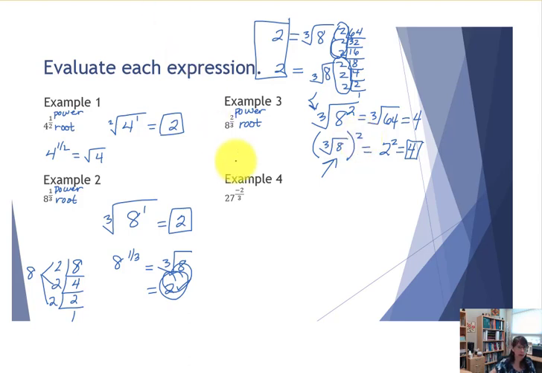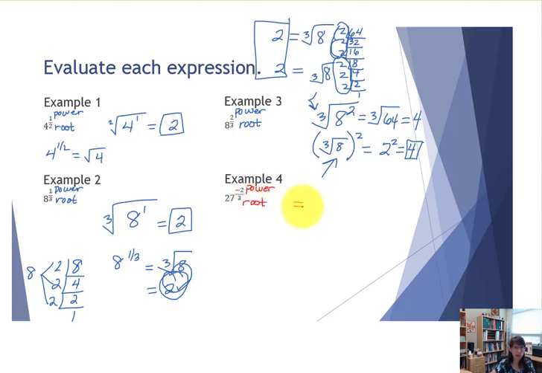Let's look at example 4. 27 is raised to the negative 2/3. So notice how the negative was placed in the numerator? That's standard form. So this power is going to have a negative 2. The root is positive 3. All of our roots should be positive numbers.